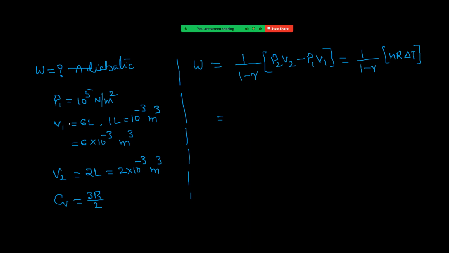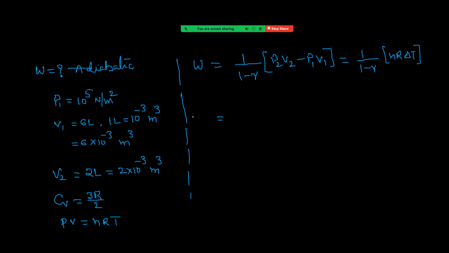Let us take the gas equation PV equals nRT. Pressure is known, volume is known, number of moles is given as 1. So we can find temperature, right? Directly you can find T1 and T2. But again the problem is that P2 is not known. That means we have to find the P2 value, right? Without knowing P2, we cannot solve the problem.